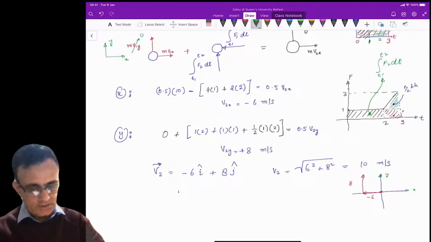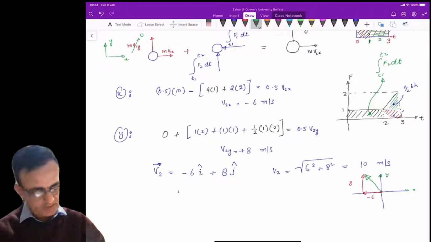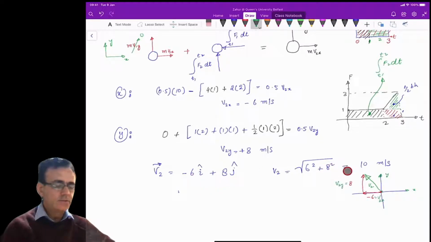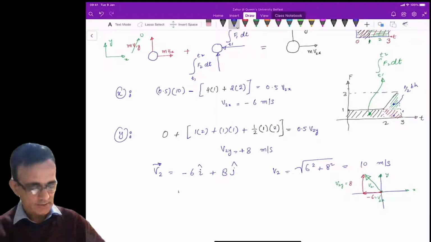So the final velocity v2 is in this direction here. This is our v2, and this was v2x, and this was v2y. So this means that the final velocity is in the second quadrant here, because the x is negative and the y is positive. And you can also calculate the angle here.